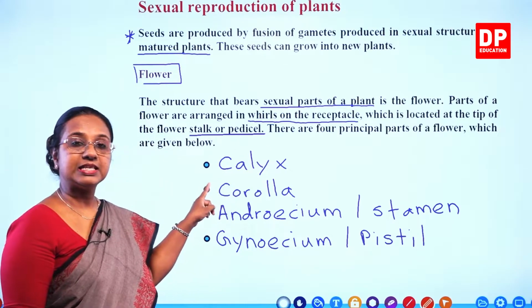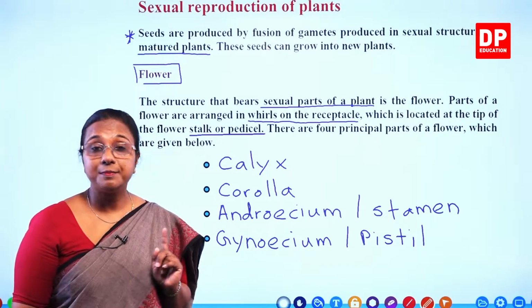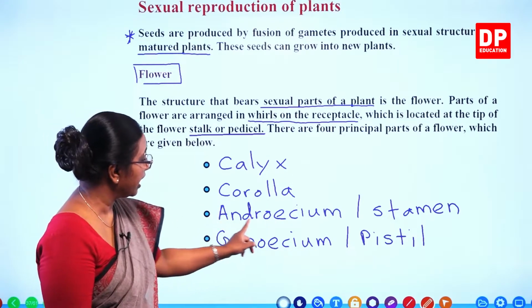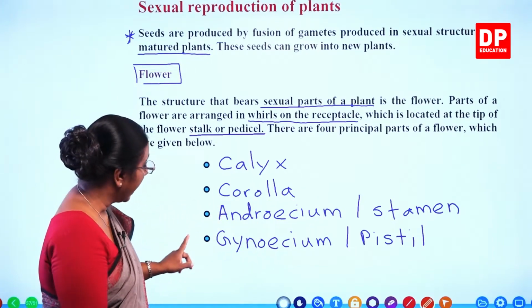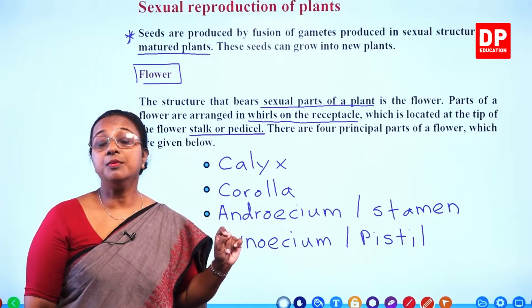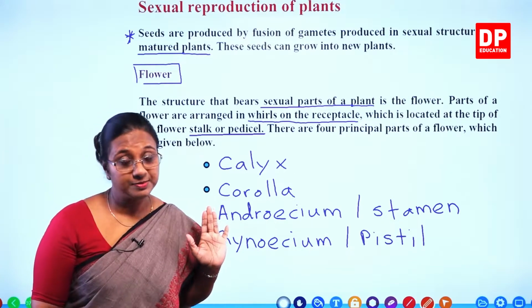So calyx is the whorl of sepals. Corolla is the whorl of petals. Inside that we have the male reproductive structure, androecium or stamen, and the female reproductive structure, gynoecium or pistil. I am sure you all can remember all these parts.